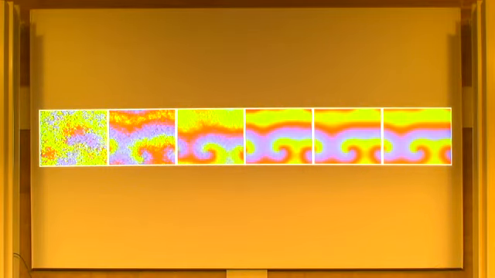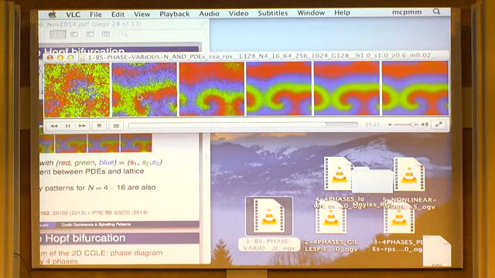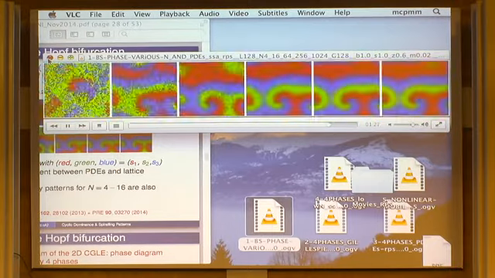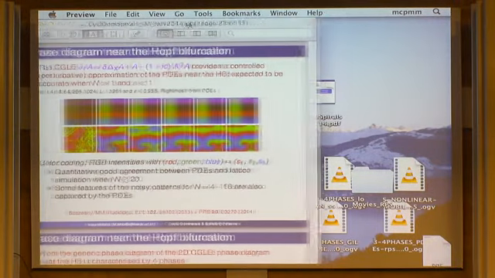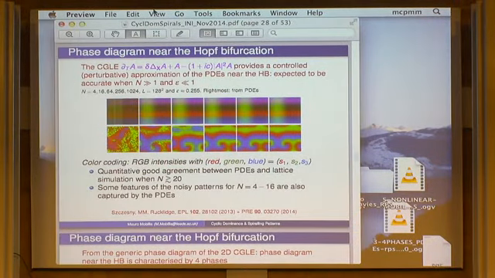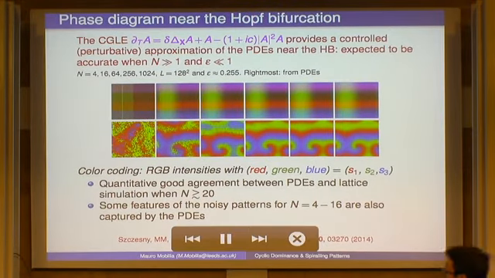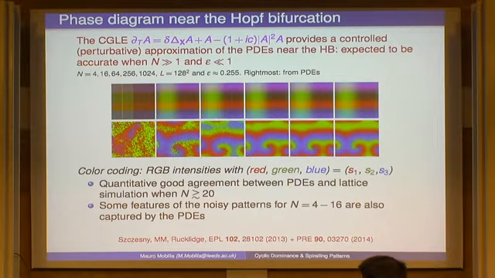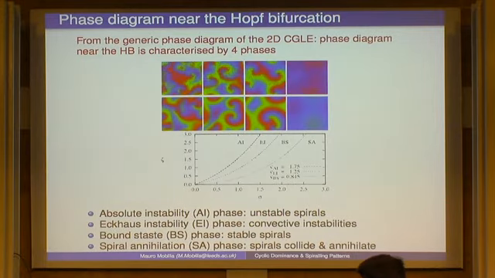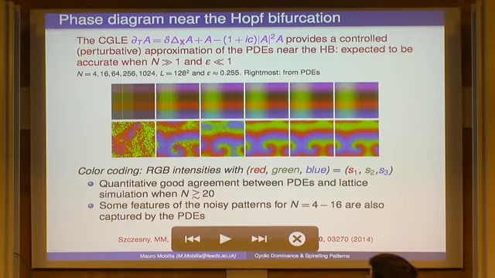So what I'm arguing is that we have very good agreement between the PDEs and the lattice simulation already when n is above 20, whereas there are some noisy patterns when n is between 4 and 16.